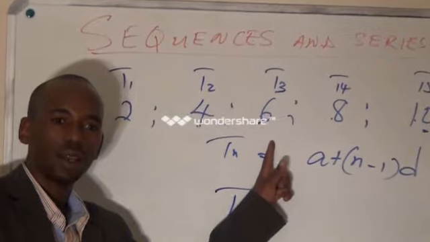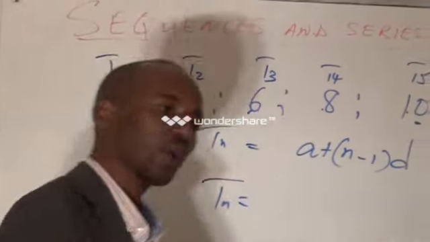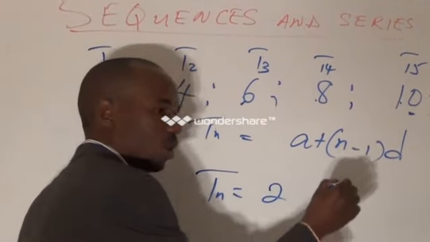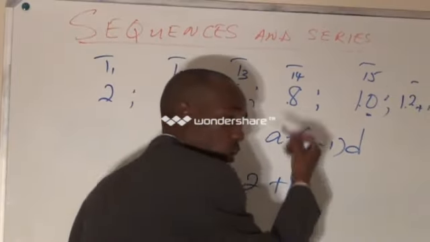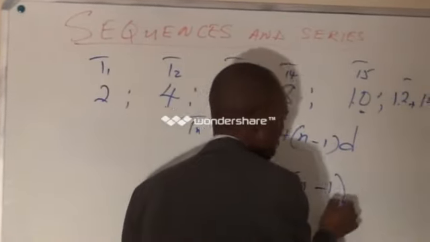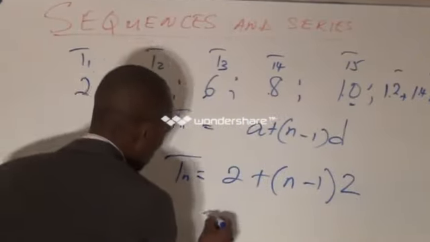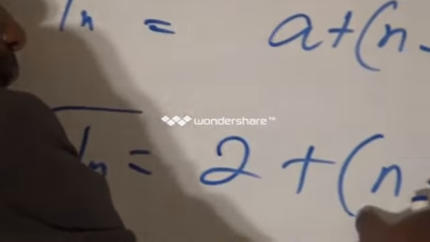We know A, we know D. How do we do that? What is A equal to? Plus, we don't know n. We are saying in general, what is the nth term? n minus 1. What is D? 2. So this is going to give us 2 plus (n minus 1) times 2.